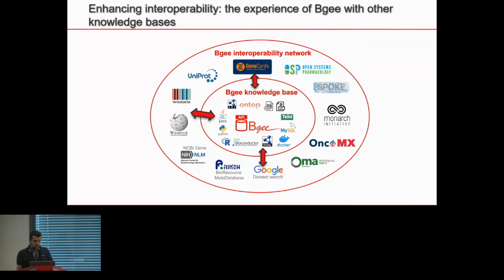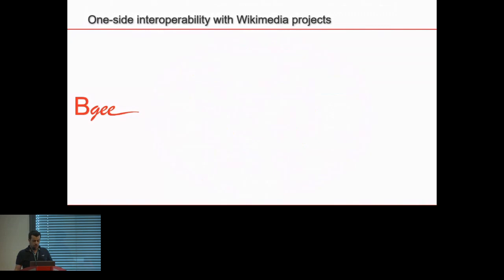One example of one-sided interoperability is the one BGee is doing with Wikidata. Essentially, we have defined and implemented a bot that fetches the data from the BGee database and inserts it into Wikidata automatically when we have a new release of the knowledge base.